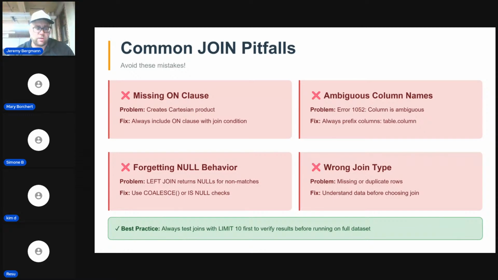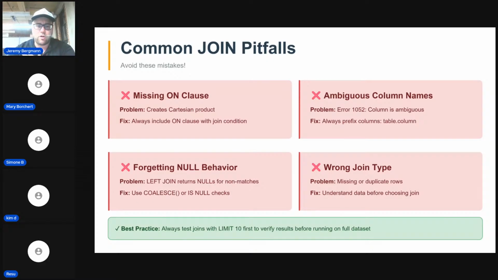So if table A has n rows and table B has m rows, it'd be n times m would be the number of rows that you get. So you never really want a Cartesian product, hardly ever.